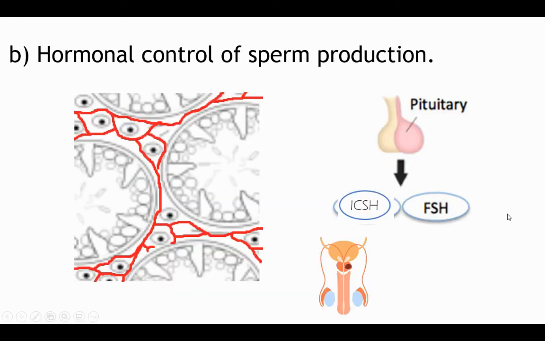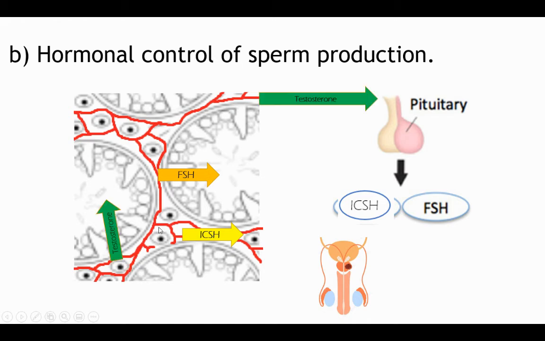So we can see here that we have the pituitary gland releasing ICSH and FSH, and we can see the blood vessels passing in between the interstitial cells and seminiferous tubules. FSH goes to the seminiferous tubules and will promote sperm production. ICSH will go to the interstitial cells and promote the production of testosterone.